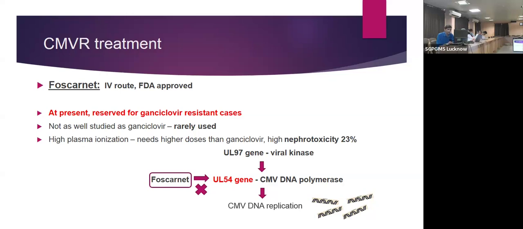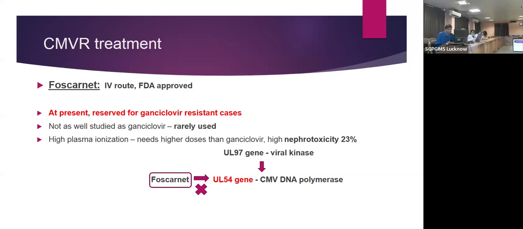Foscarnet is reserved for ganciclovir resistance. Foscarnet acts on the final stages of replication and directly inhibits the DNA polymerase of the virus, so it is more effective and resistance development is almost negligible, because it directly attacks the polymerase.